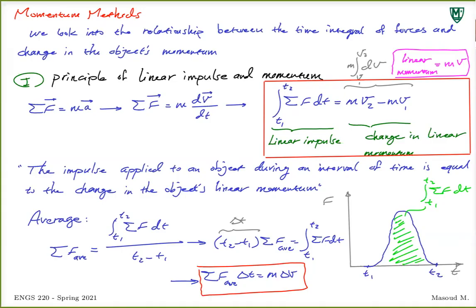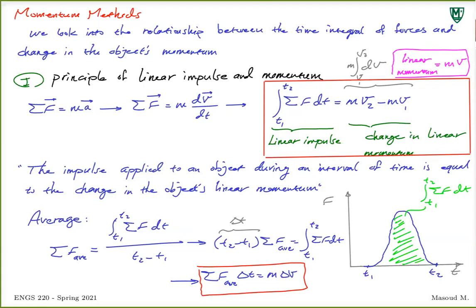So that's another big difference between momentum methods and energy methods. I'm going to repeat. In energy methods, we only cared about the magnitude of velocity. We could not study the change in direction of the velocity. Remember, velocity is a vector, so both its magnitude and its direction can change. In momentum methods, though, we do care about directions. So we are going to have to pay attention to positive, negative.